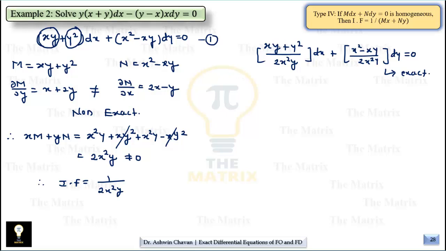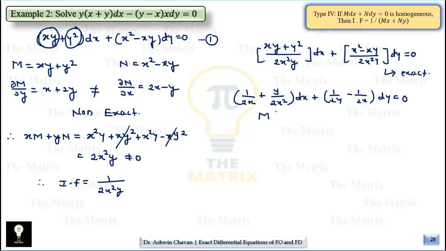Separating with the numerator plus sign and cancelling like terms, we get the first term as 1 upon 2x plus y upon 2x square dx, plus this becomes 1 upon 2y minus 1 upon 2x dy is 0.